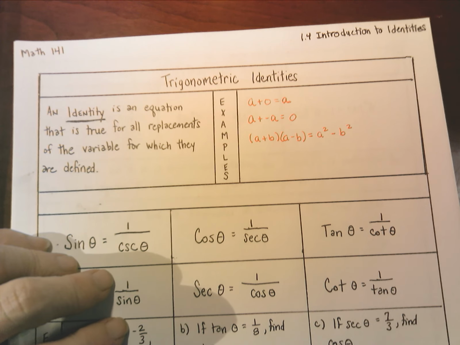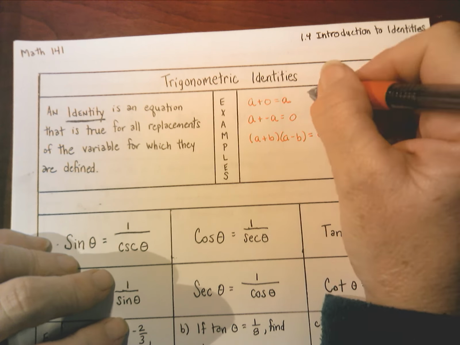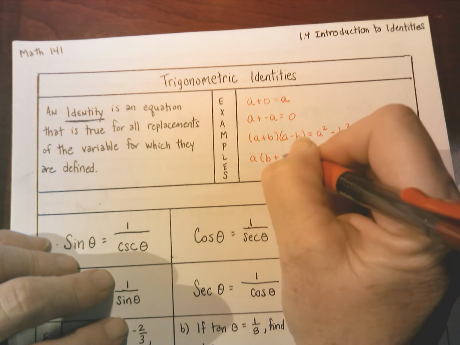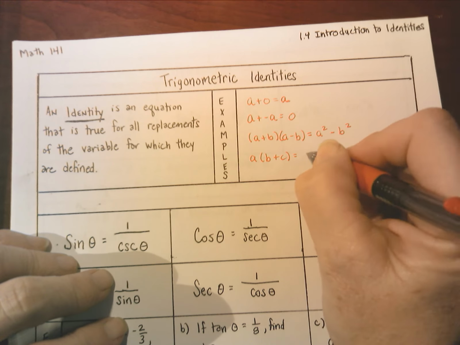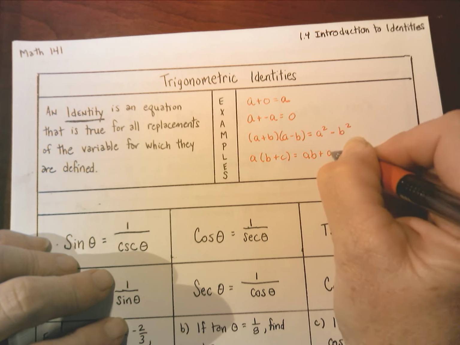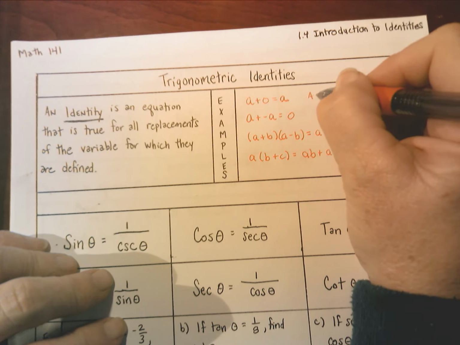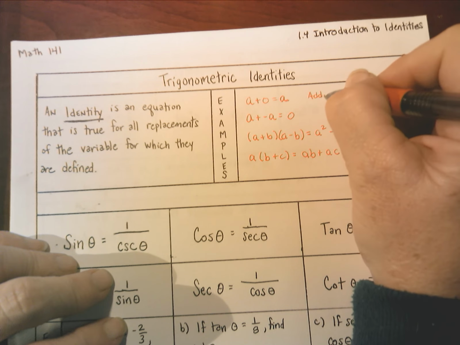Some of them have names. We have another one: a times b plus c would always equal a times b plus a times c. You know some of these properties as the identity for addition, or additive identity.